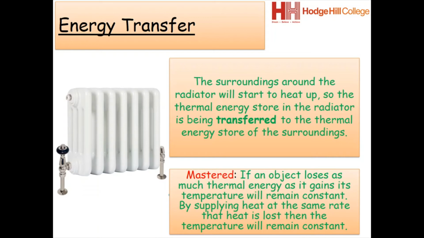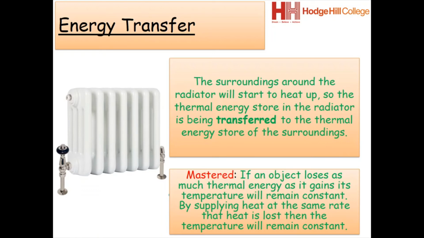From the metal of the radiator, it's going to go to the air. So basically, the thermal energy from the metal in the radiator is going to transfer to the thermal energy store of the surrounding air.